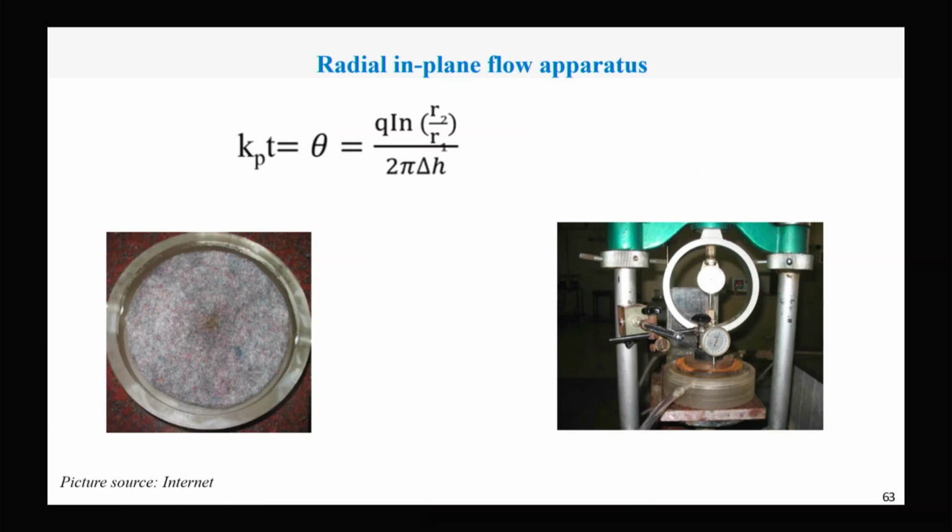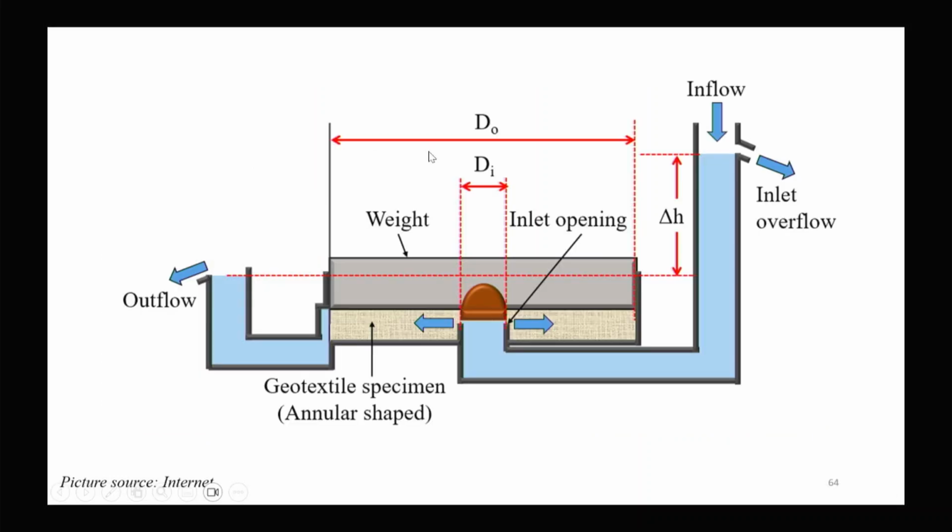So from there we can calculate the theta permeability, where R2 and R1 are the outer and inner radius of the specimen. So this is the system where water is supplied from the center at a certain water head, and the geotextile is here in the annular shape. It's similar to the cross plane permeability we have already discussed.